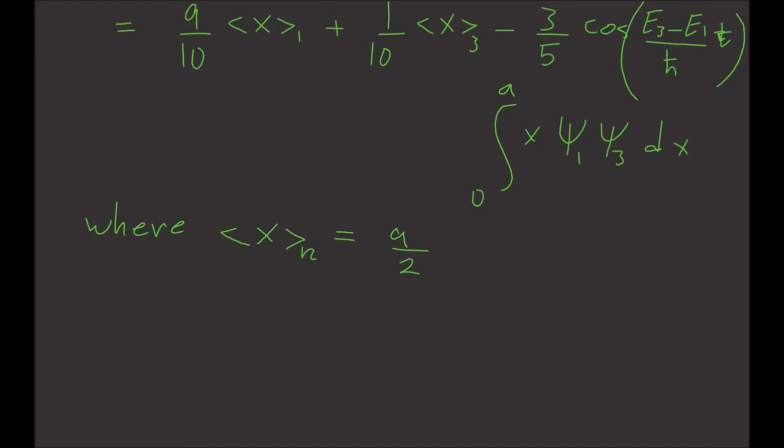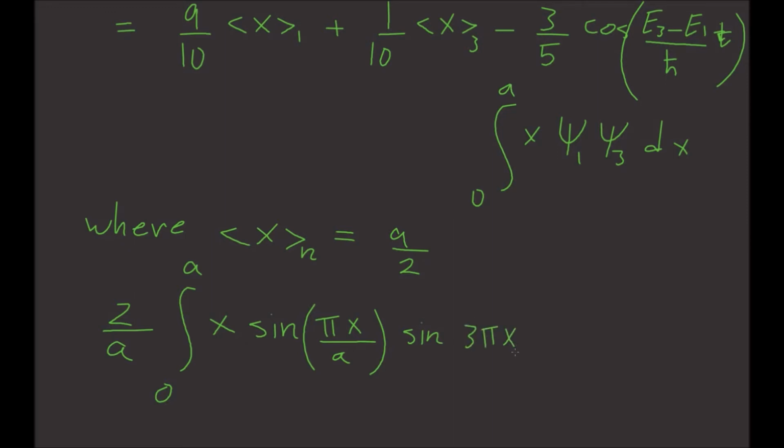The remaining integral, we have 2 divided by a times the integral from 0 to a of x sine of pi x over a times sine of 3 pi x divided by a dx.